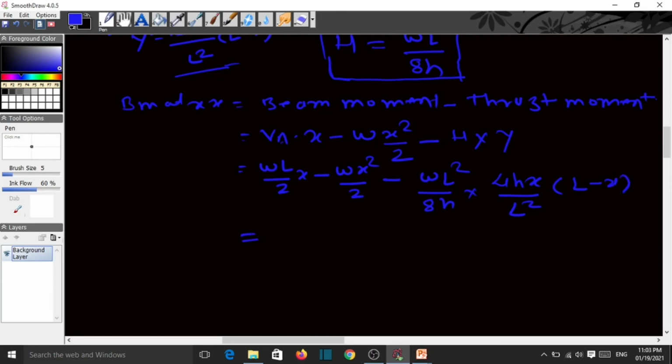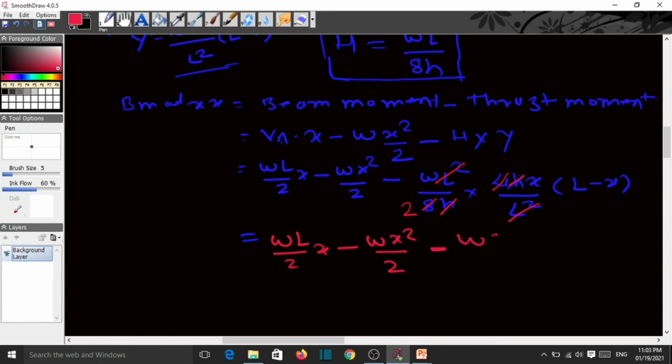Now here h and h get cancelled out. L square and L square get cancelled out, and the 4 becomes 2. So we can say WL by 2 x minus Wx square by 2, then minus Wx by 2 is remaining here.